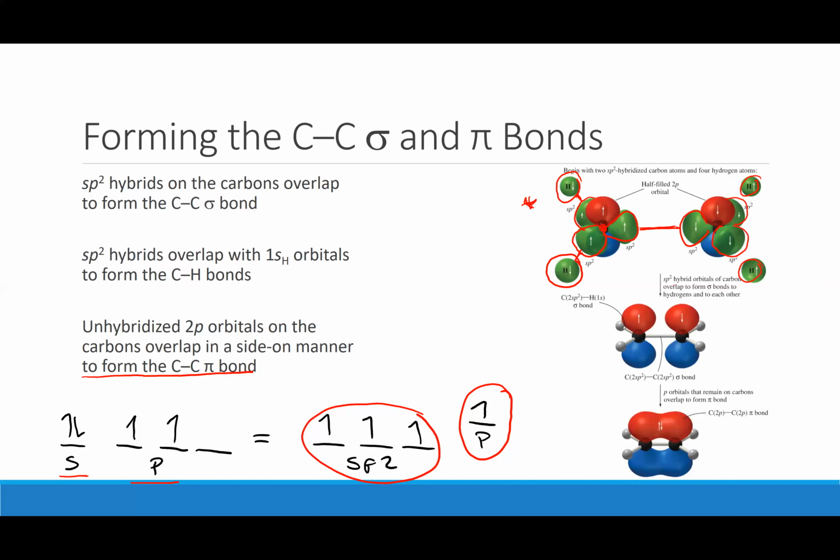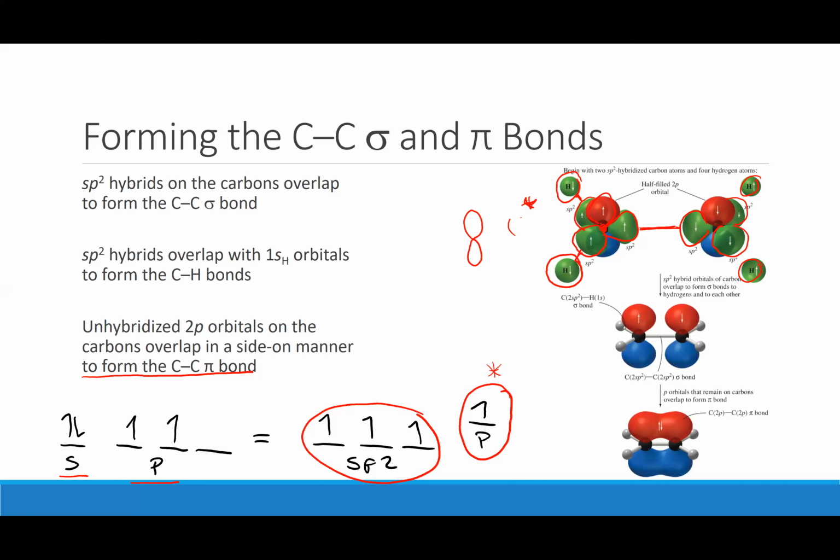Great, so all of these sp2 orbitals are forming single bonds all around, single sigma bonds with their respective partners. But we have these p orbitals, the p orbital that is left over in each of these cases. That's represented by this red and blue orbital going up and down. Remember, p orbitals have this shape.